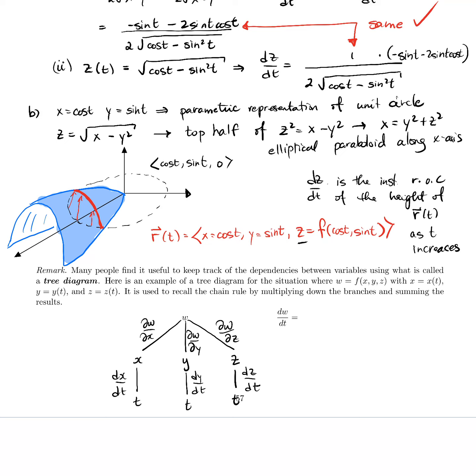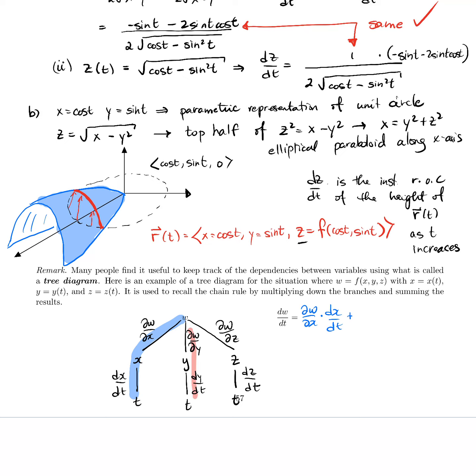And the way we use a tree diagram to remember the chain rule is by multiplying down the branches and adding up. So if I multiply down the first branch, I'm getting del w del x times dx dt plus, and then we'll multiply down the next branch.